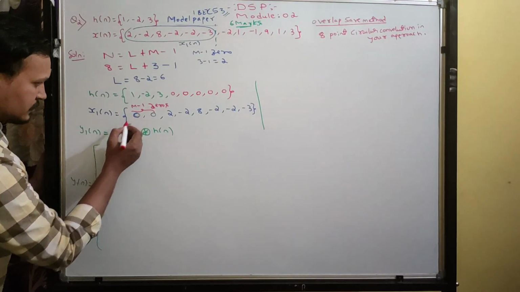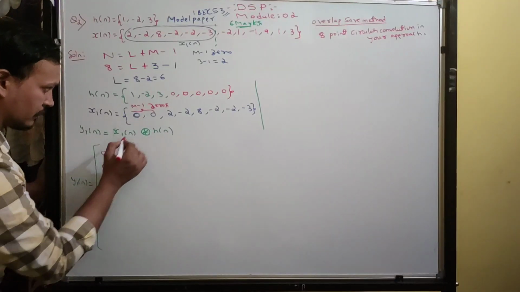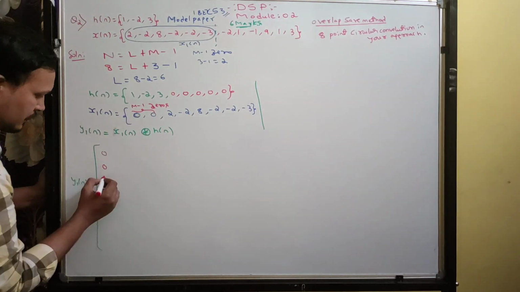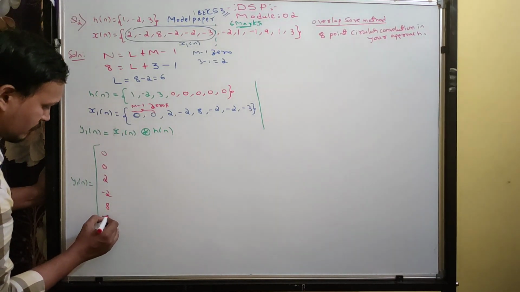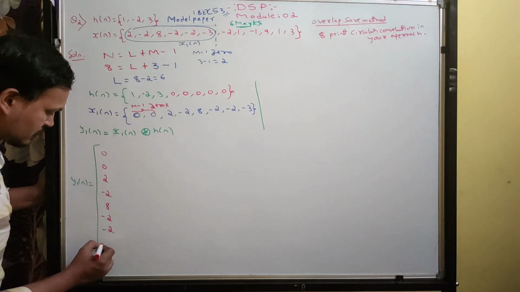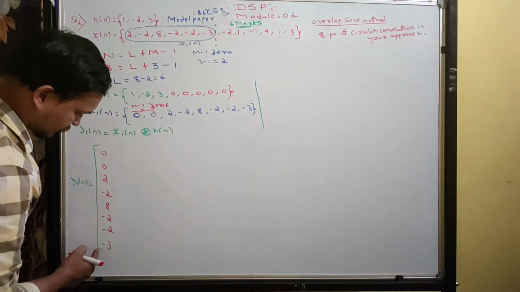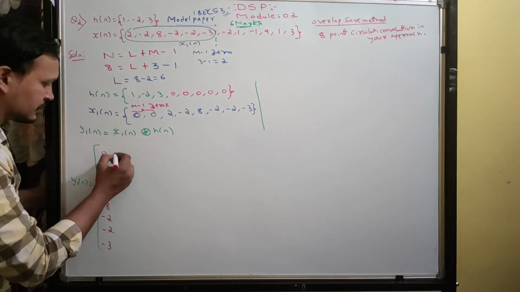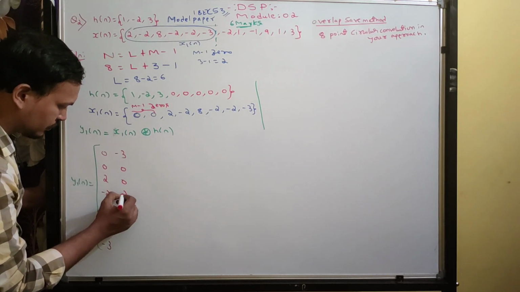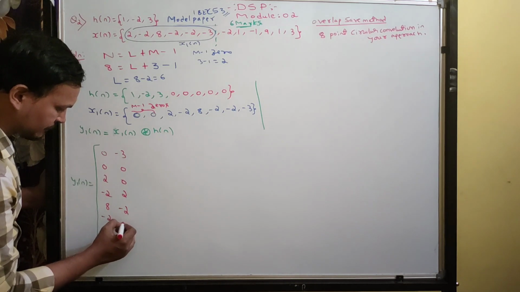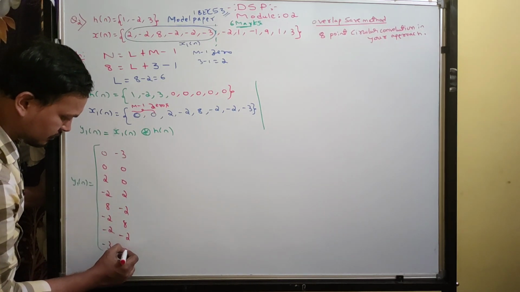Next you start writing 0, 0. The entire thing you write vertically: 2, minus 2, 8, minus 2, minus 2, minus 3. Same procedure. Take minus 3, write it here: minus 3, 0, 0, 2, minus 2, 8, minus 2, minus 2.